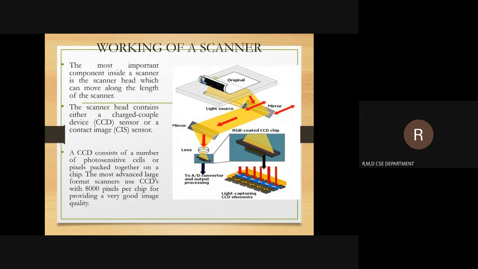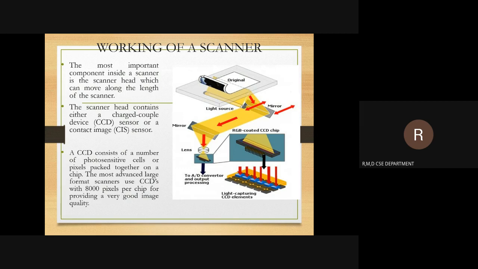That means first you have the original copy placed on this, and then the scanner creates a mirror copy. Once the mirror copy has been completed, by making use of the lens you will be able to get the size of the original. That is what they wanted to explain here.